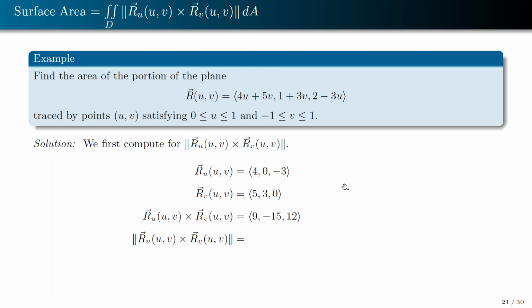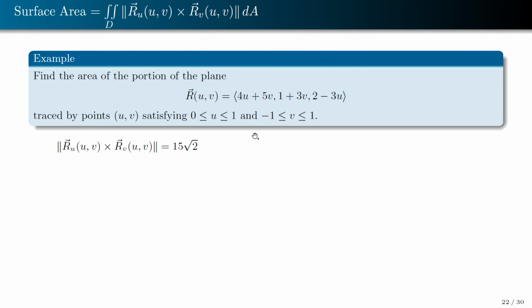Okay, so getting the norm of this cross product, we get this, which simplifies to 15 square root of 2. So for this example, yung norm of Ru cross Rv, constant lang, though in general, function siya of u and v. Okay, anyway, proceeding. So integrate natin for this example, 15 square root of 2 lang.